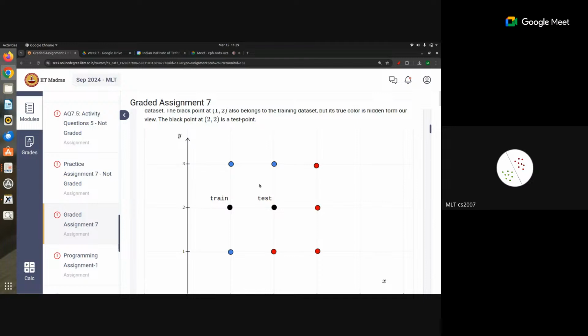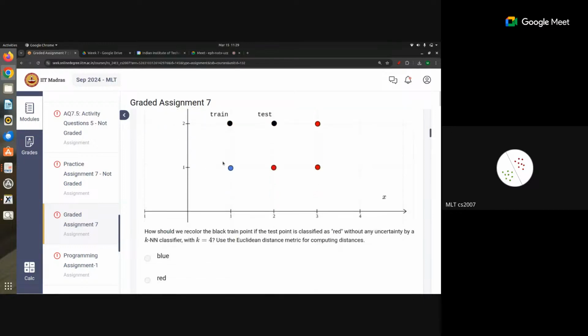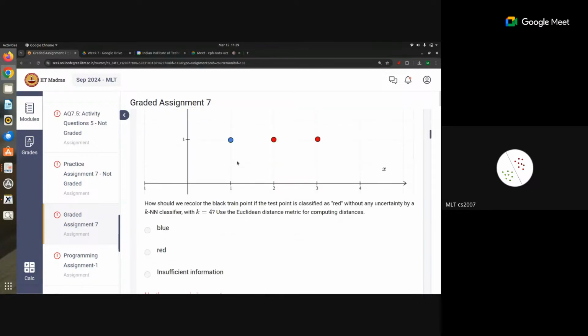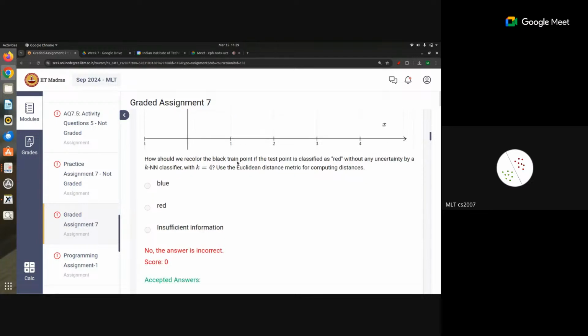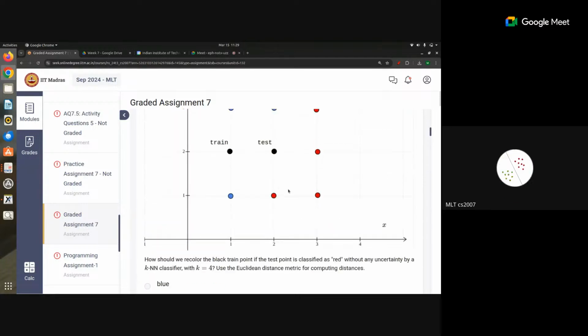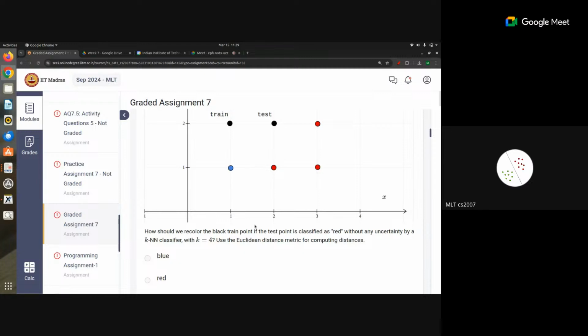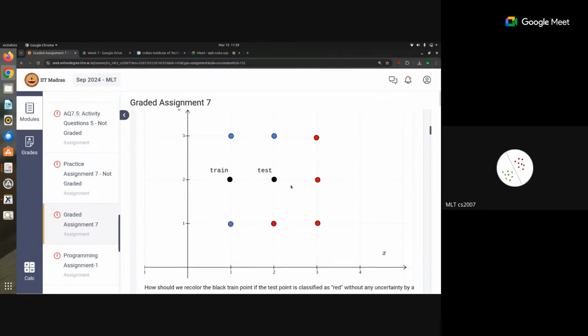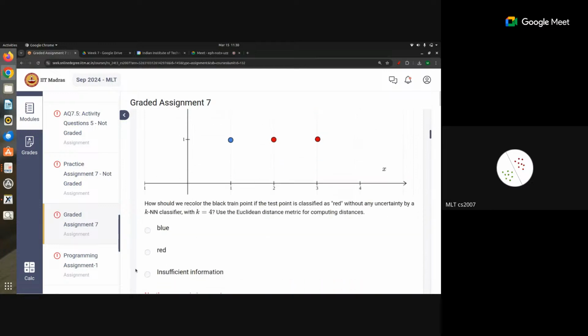Whichever you wanted to classify, that is not a problem. But for sure, what you can say about this? It'll be red, right? Because if I wanted certainty that this test point is red based on the majority using k equals to 4, this has to be a red data point. That is what it is saying.